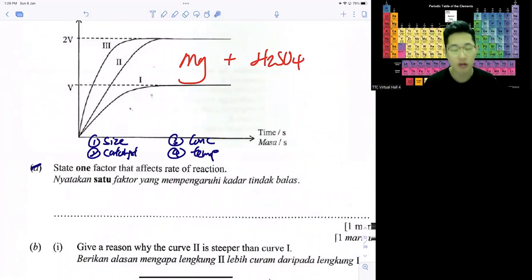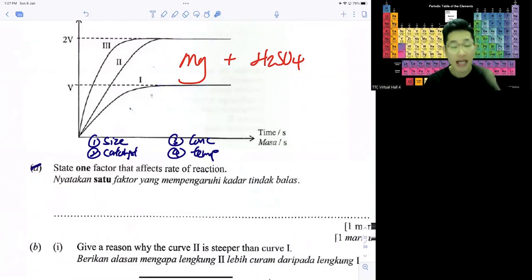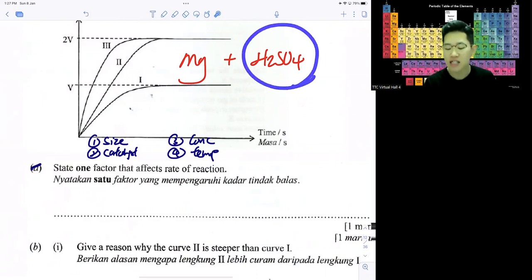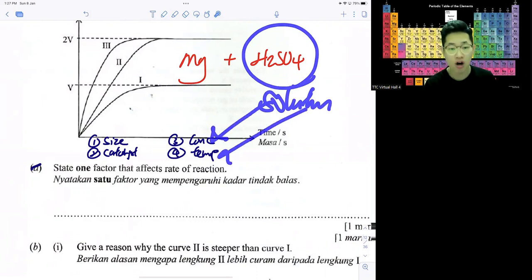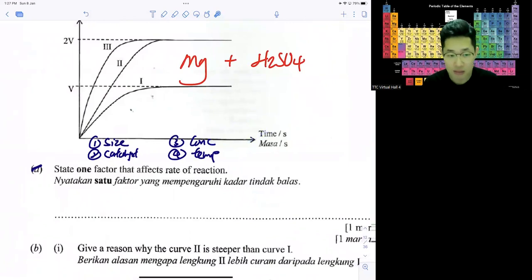Okay, based on the reactant, if there is a solid, they can use size. 它可以通过改变 solid 固体的 size 来改变它的 rate of reaction，它的速度。And then whenever there is a solution, they can always change the concentration or temperature to affect the rate of reaction.